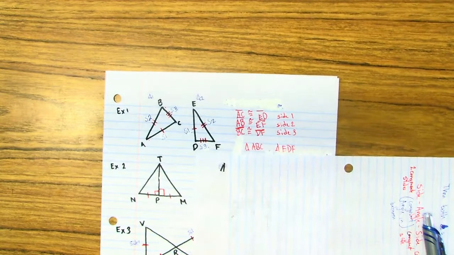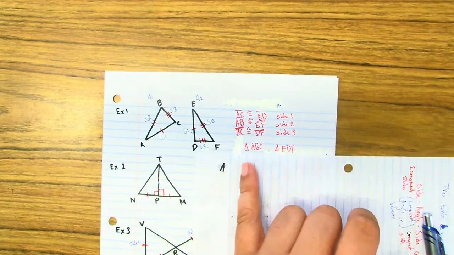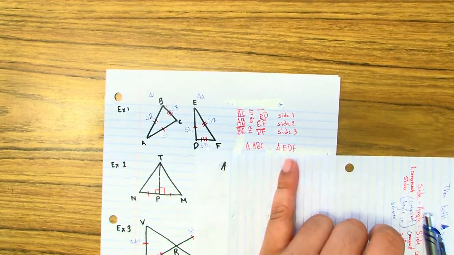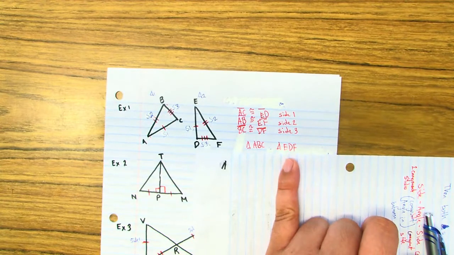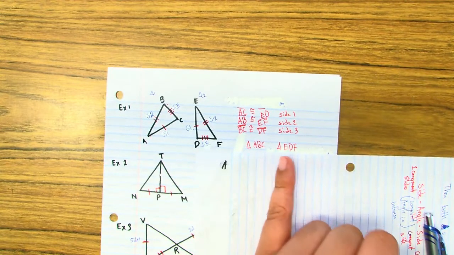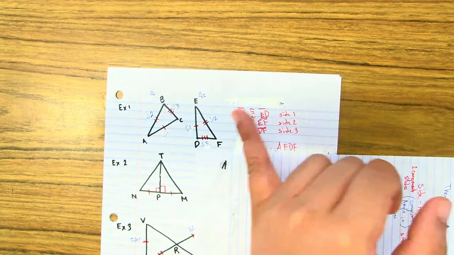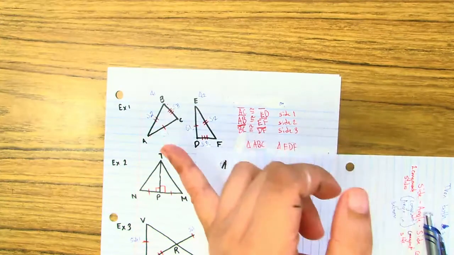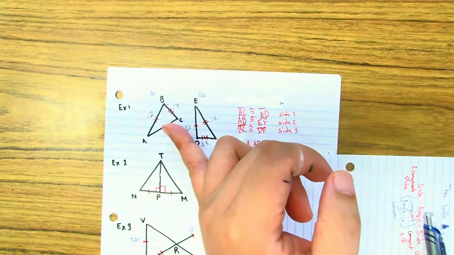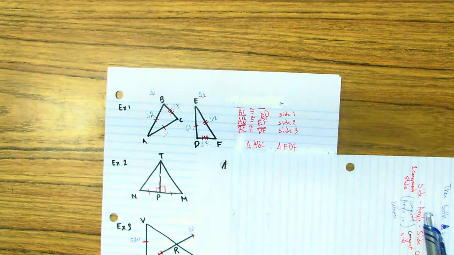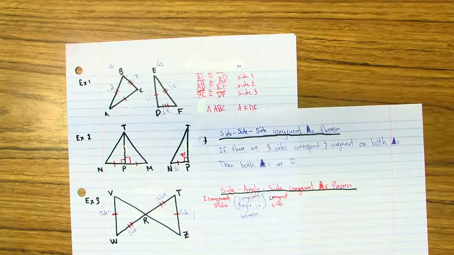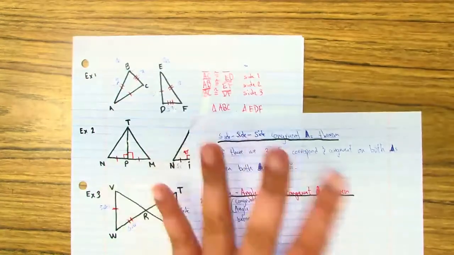So you have 3 sides that are congruent, and if triangle ABC and triangle EDF are both, how can we tell they're congruent or not congruent? Here we've proven that 3 sides are congruent, right? So let's try to do a poll. So the answer was side, side, side, but let's explain. Why?